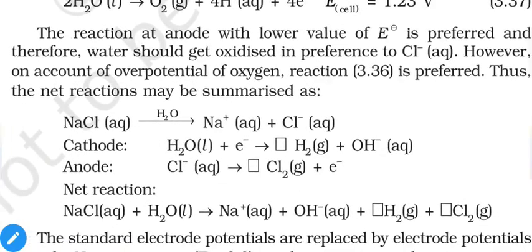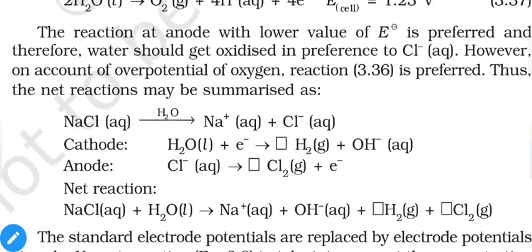So for the overall net reaction, NaCl in water gives Na+ and Cl-. The cathodic reaction will be H2O accepting an electron to produce H2 gas, and the anodic reaction will be Cl- producing Cl2 gas. So one ion from NaCl will participate and one ion from H2O will participate.